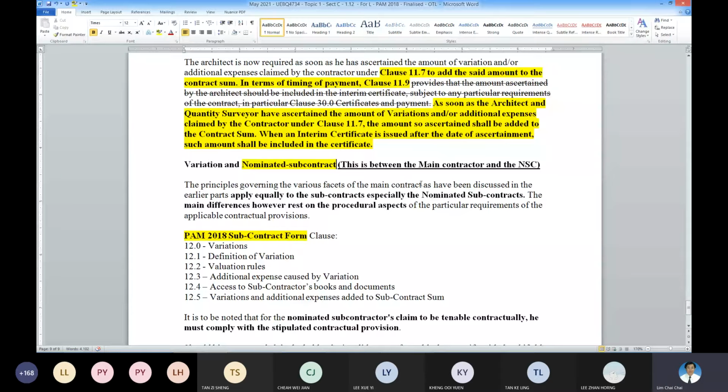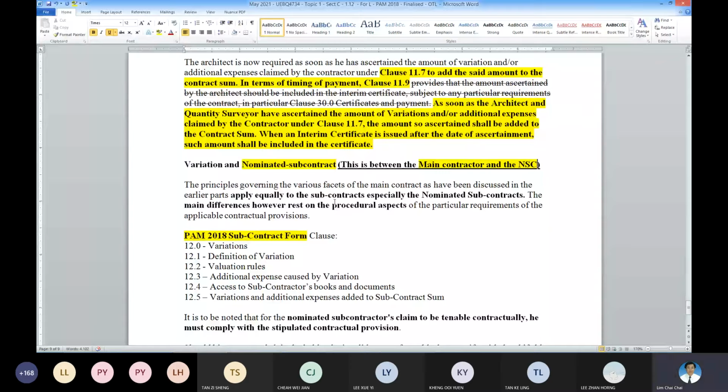It is the NSC's VO. But if it's the NSC's VO to the main contractor, it's a private one. So there are two categories of VO. One of them is claimable against the owner. One of them is claimable against the main contractor. So be careful. Here, we are talking about claimable against the employer.